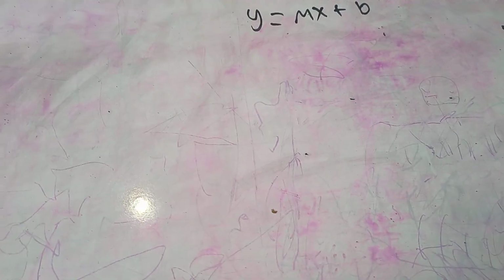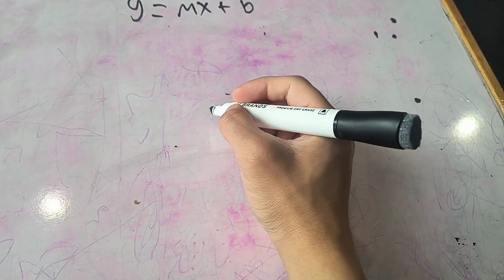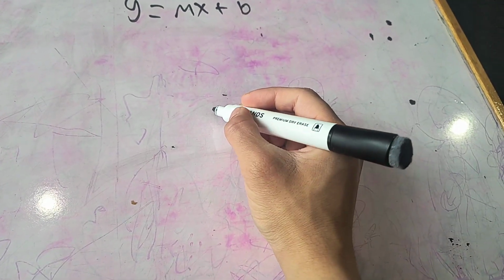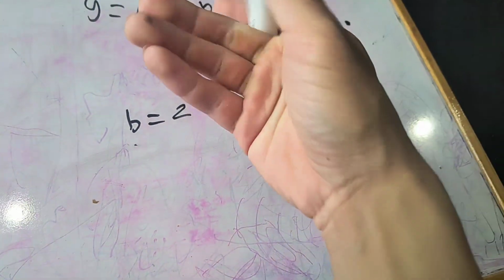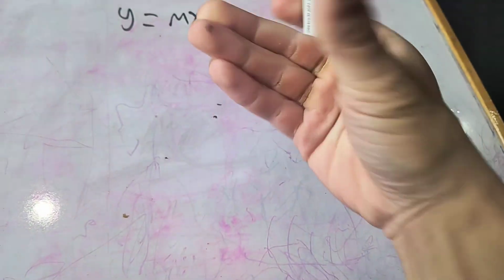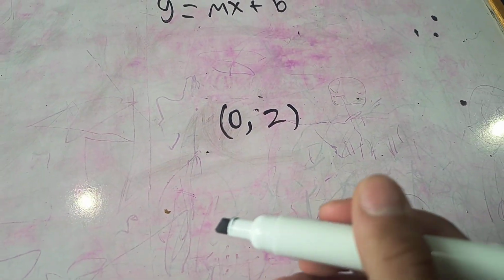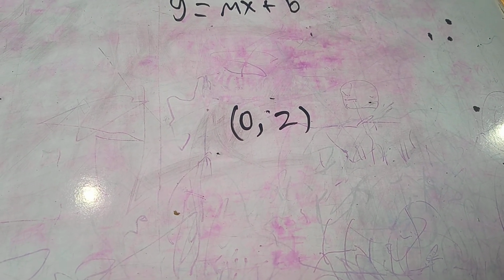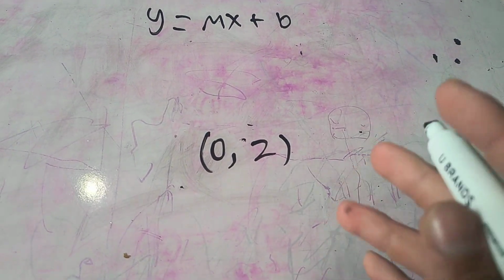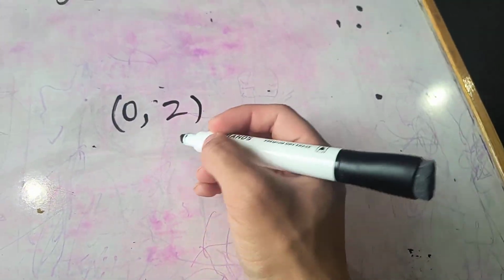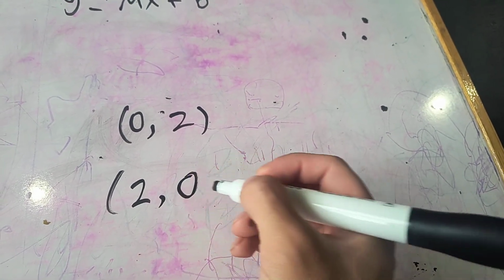For example, if I were to tell you the y-intercept of an equation is 2, or we can just write it as a coordinate, (0, 2), and I were to say the x-intercept of an equation was, let's say, (2, 0).